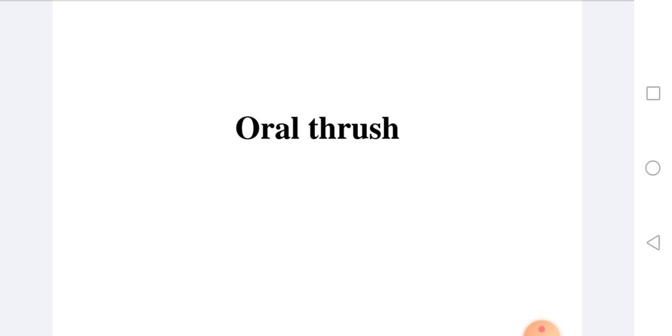First, we take the oral thrush. This is candidiasis of the oral mucosa, being lingual or buccal mucosa.